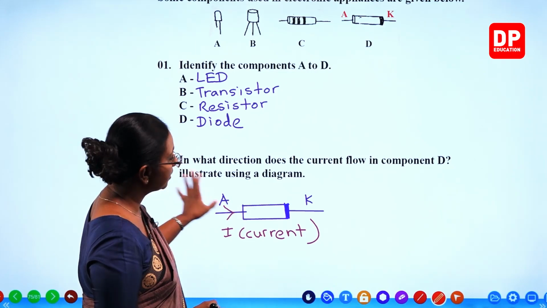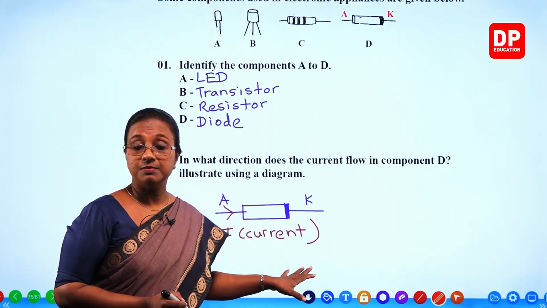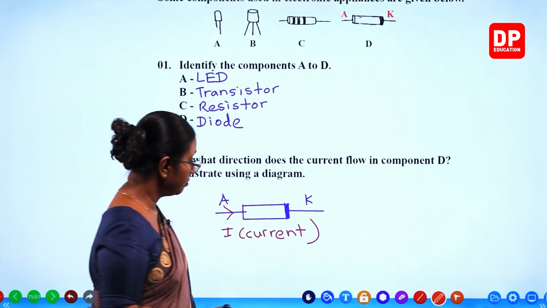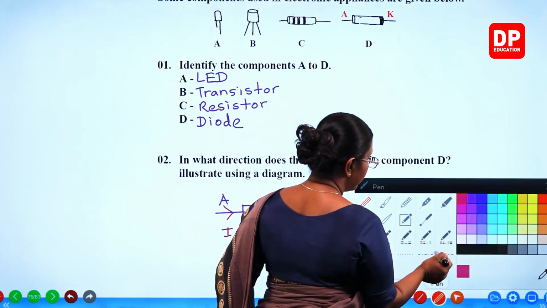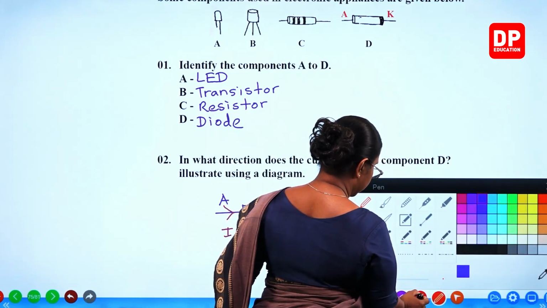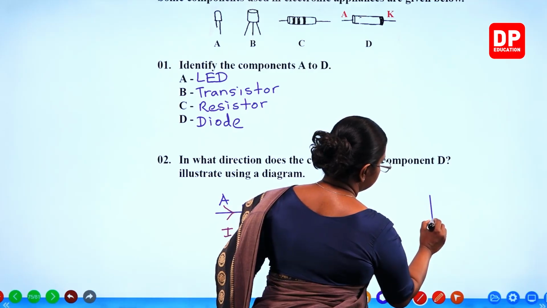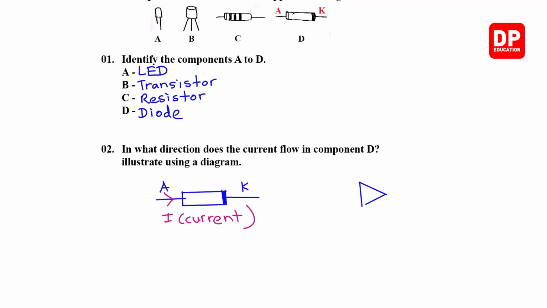Here they haven't told us to use the standard symbol, because you all know if we use the standard symbol, then of course it will be like this. This is the anode, that is the cathode.